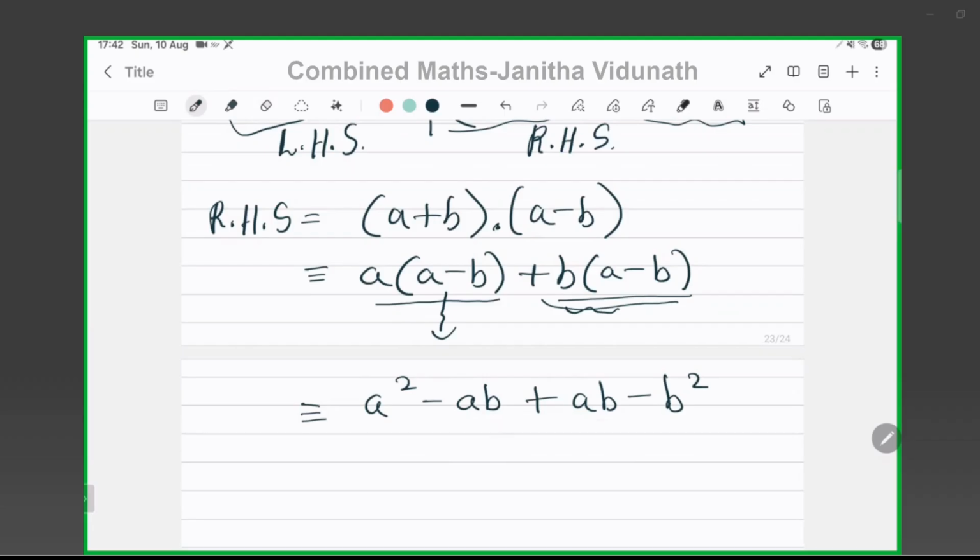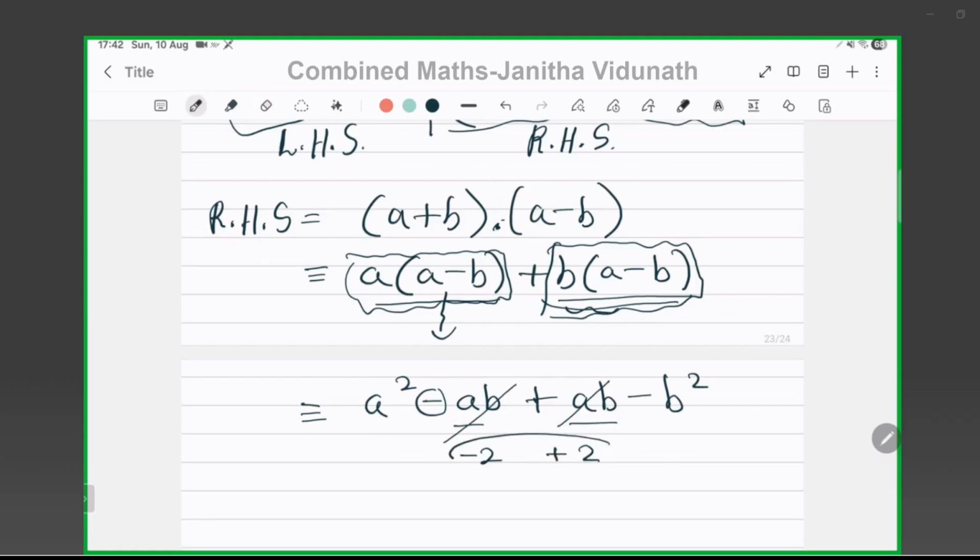Let me repeat again. First, we multiply those two brackets and expand it. Then, by simplifying this, we get a squared minus ab. And by simplifying this, we get ab minus b squared. Then, these two terms are the same, and one has a positive sign and the other one has a negative sign. Then simply we can remove those two. Like this, if this is minus 2, then this is plus 2.